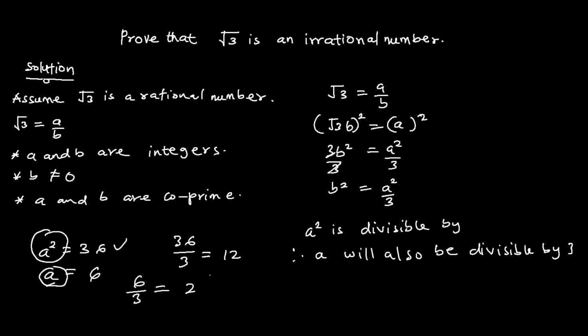So what we have here is true: if a squared is divisible by 3, then a will also be divisible by 3. Okay, so now let's continue. So now you know that a is divisible by 3.